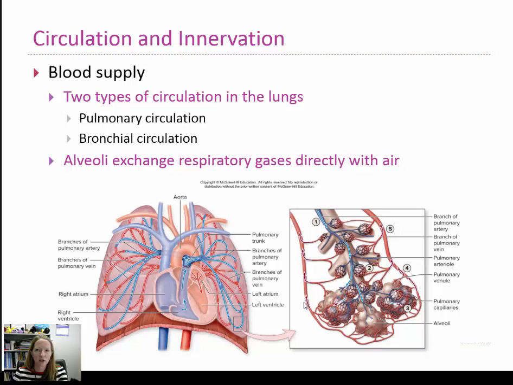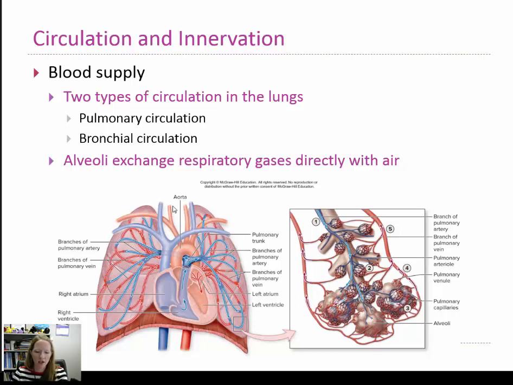So let's move on and talk about circulation and innervation. There's 2 types of circulation in the lungs. There is going to be pulmonary circulation, which is shown down here, and we've already covered pulmonary circulation. Remember, that's going to be that circulation that goes from the heart over to the lungs to pick up oxygen, dump off carbon dioxide, and goes back to the heart. So we won't cover that again.